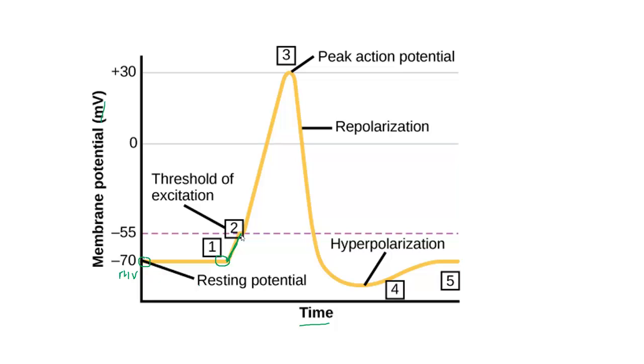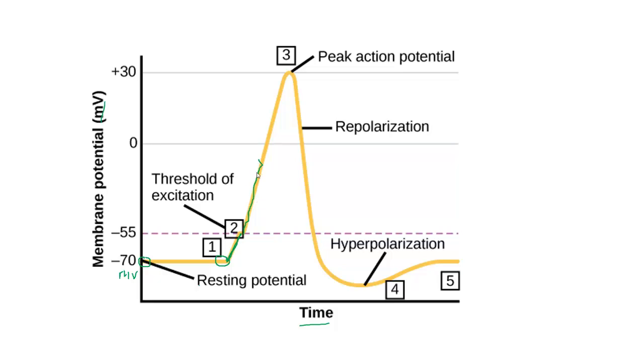Now this is when the graded potential has reached your axon hillock and the sodium gates at your axon hillock have opened up. Sodium is gushing inside your neuron at the axon hillock, and the membrane potential is getting higher and higher.